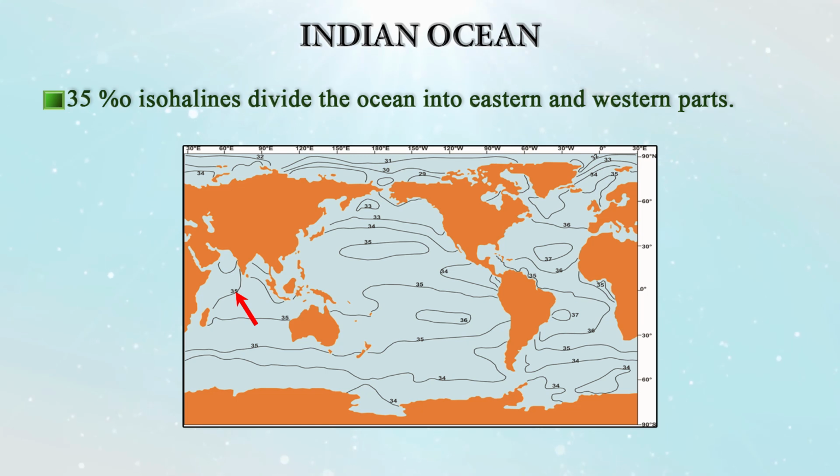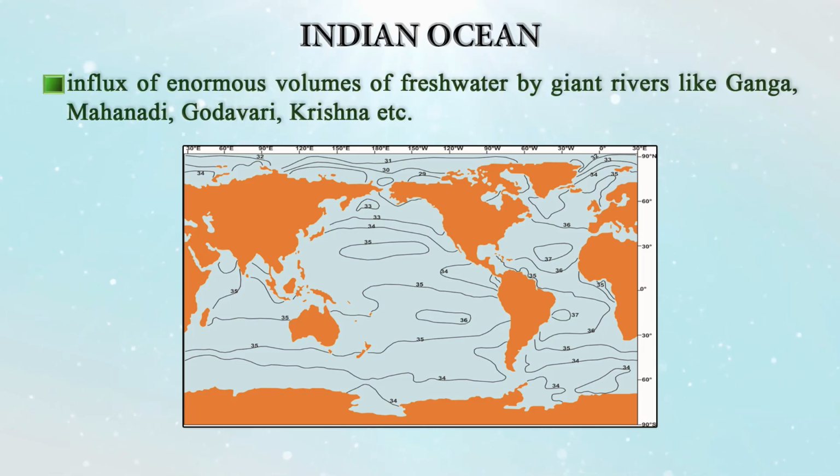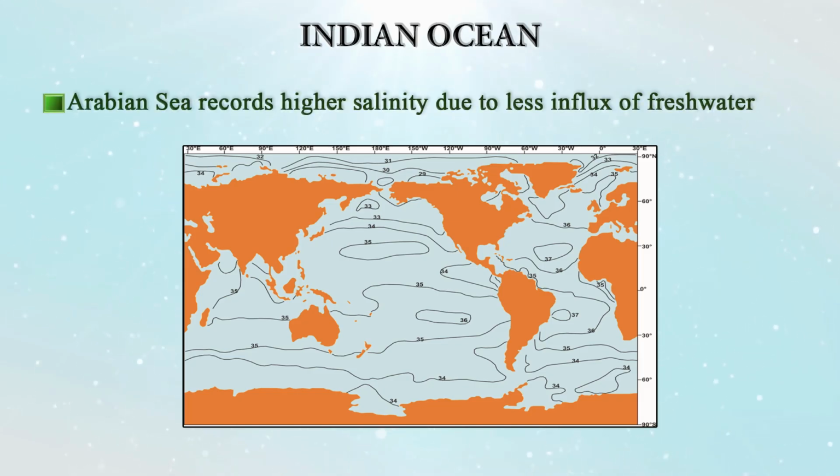You can also compare, as oceanographers have reported, very low salinity where rivers are draining, or at the mouths of rivers where they pour water into the sea. So, along the mouths of giant rivers like the Ganges, Mahanadi, Godavari and Krishna, salinity is also reduced. The Arabian Sea records slightly higher salinity due to less influx of fresh water compared to the Bay of Bengal.